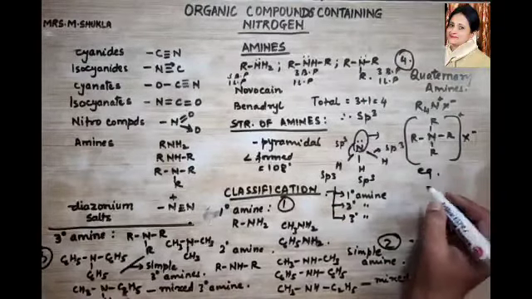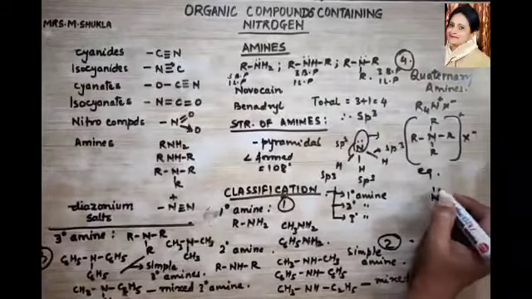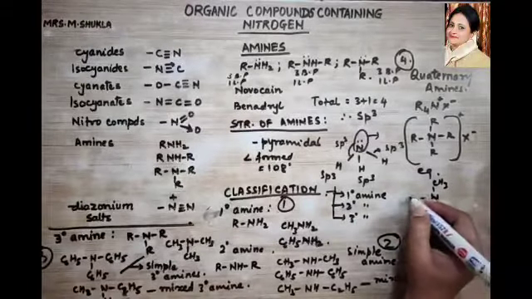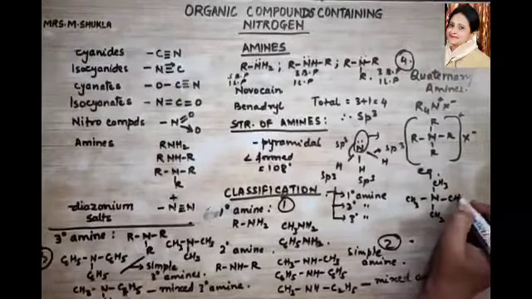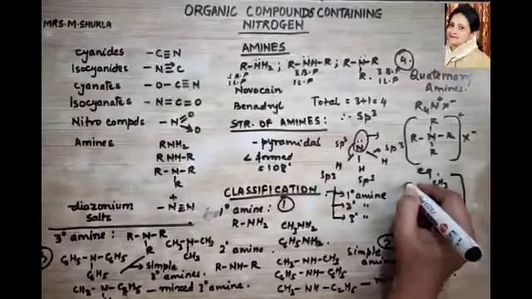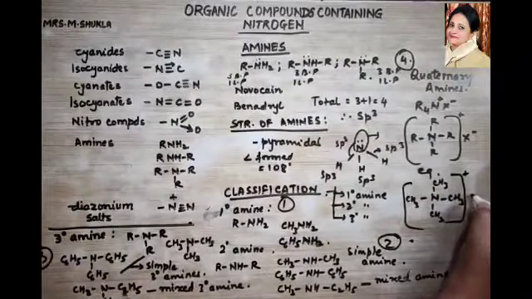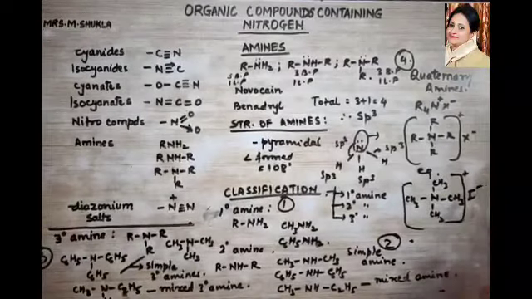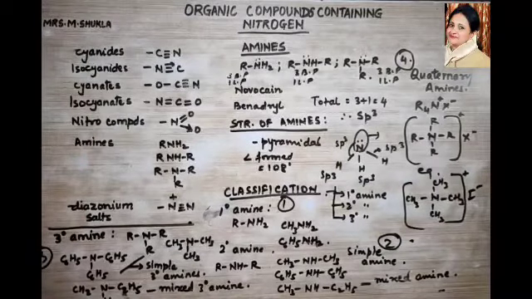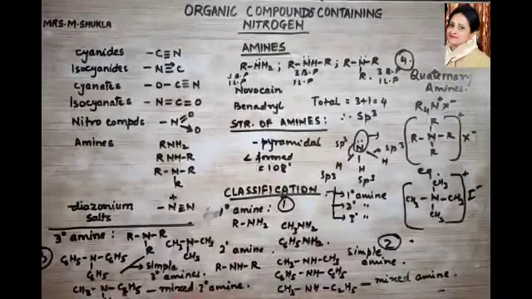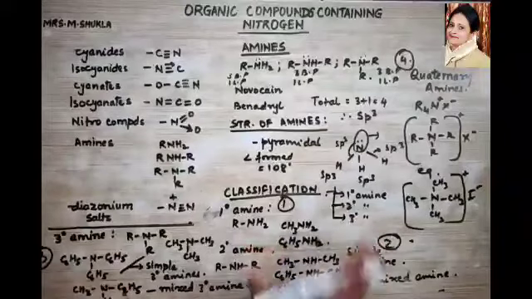Take an example like N with CH3, CH3, CH3 and CH3. What is this? This is your quaternary amine. So with this we finish off with the classification of amines.